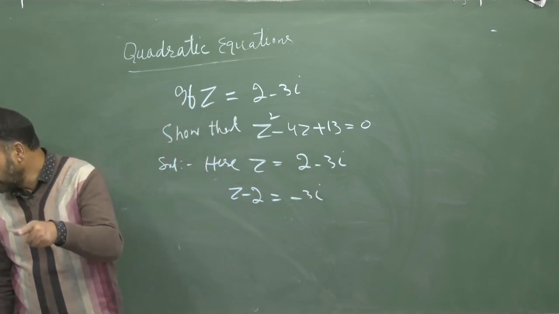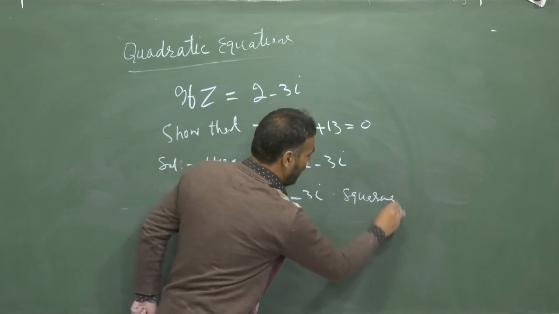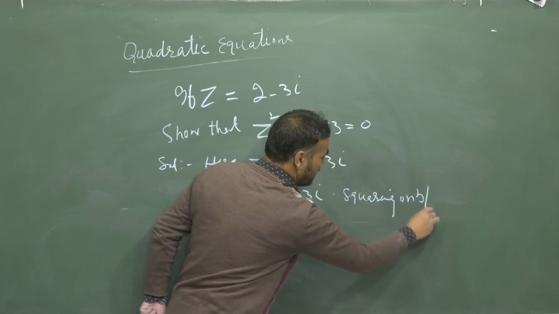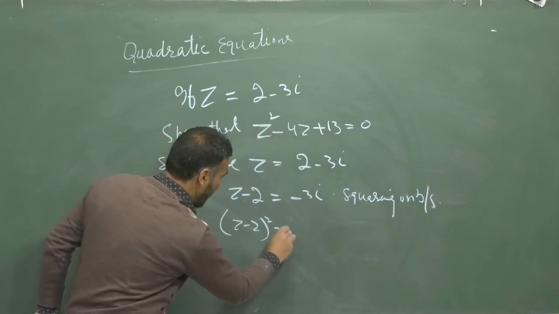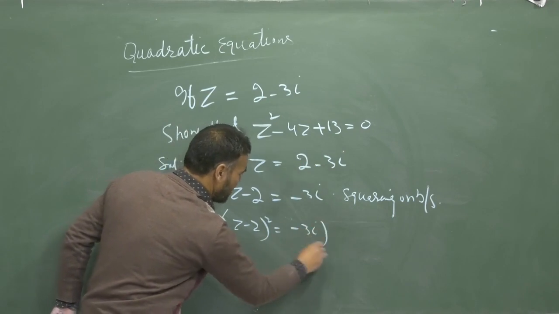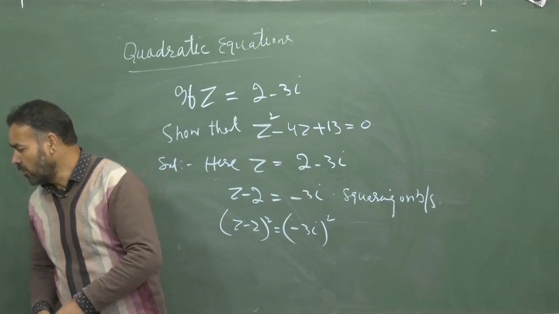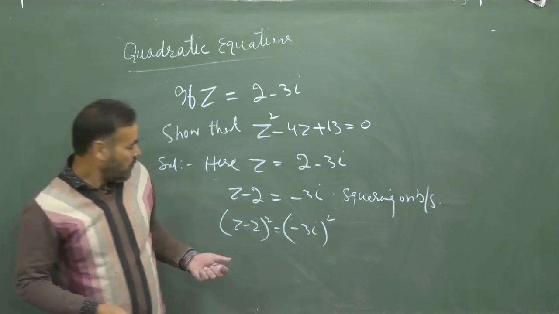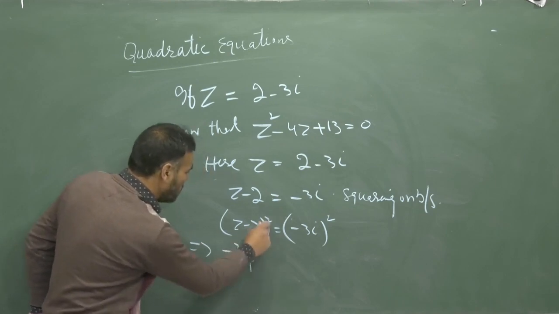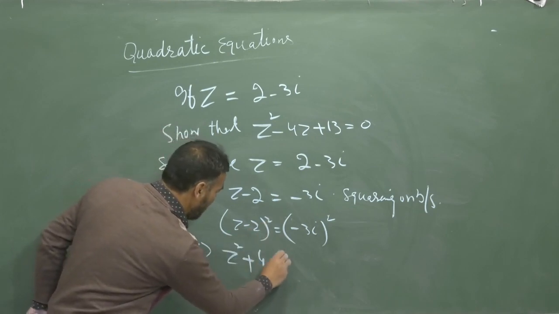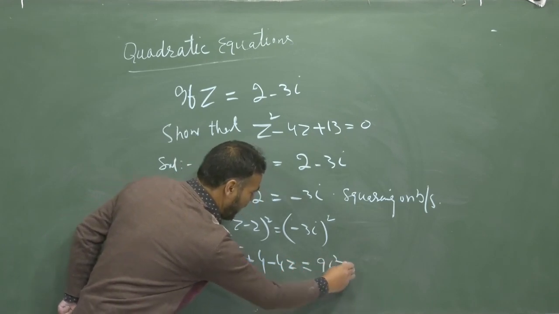Now you can take squaring on both sides. So it is (z minus 2) whole square is equal to (minus 3i) whole square. So it is z square plus 2 square is 4, 2ab will be 4z, equal to 9i square.